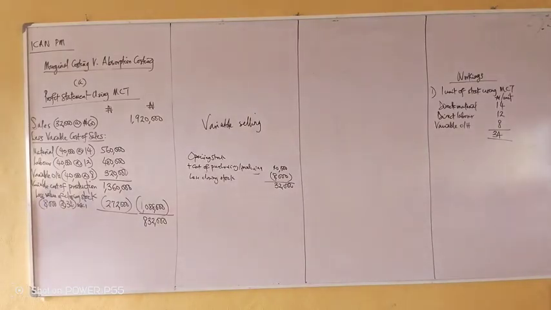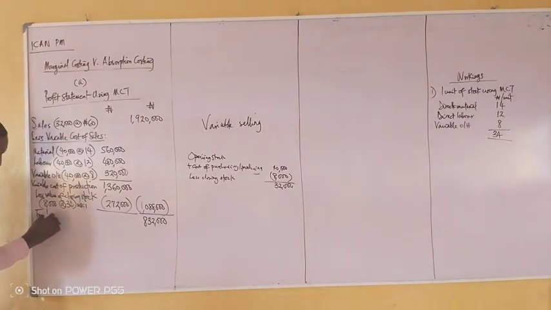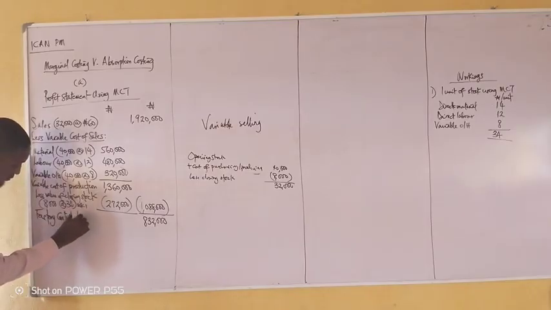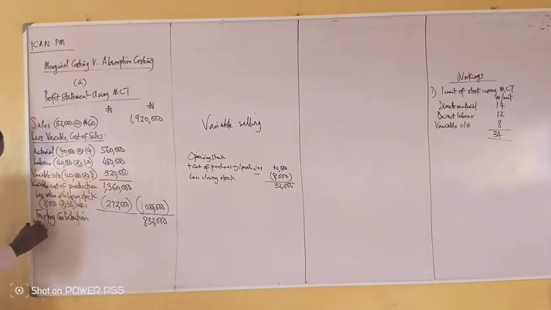It is the contribution at the factory. The goods have not moved out from the factory yet. When the goods move out, then other variable costs will be incurred. When you deduct those, that's when you have the total contribution. So we're going to term this factory contribution.